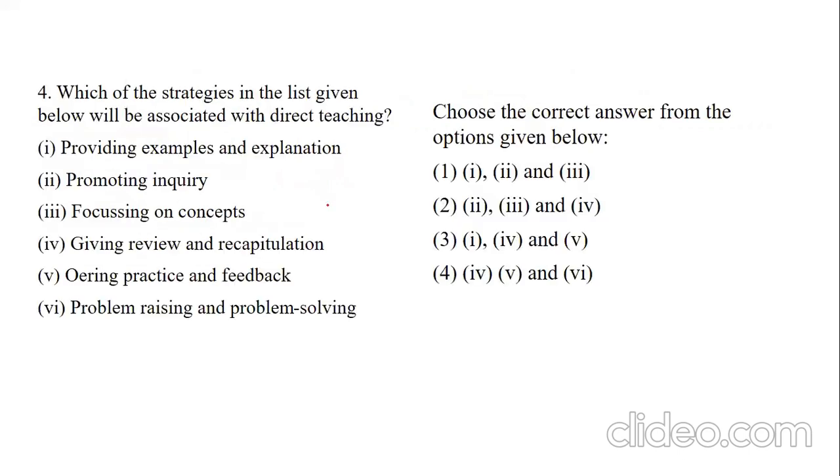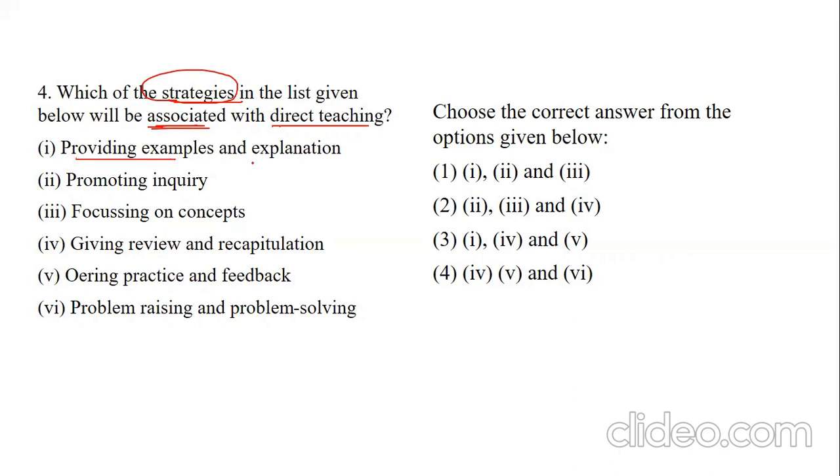Then the next question is again choice based, where you can just read out and find those choices which cannot be at all a part of the answer. Which of the strategies in the list given below is associated with direct teaching? You have to find out the strategies which are linked towards direct teaching.